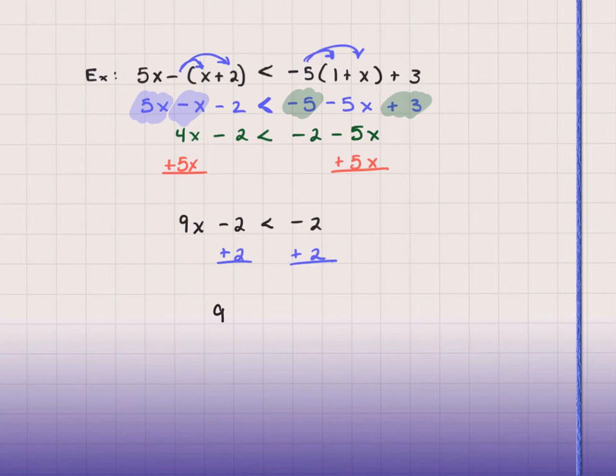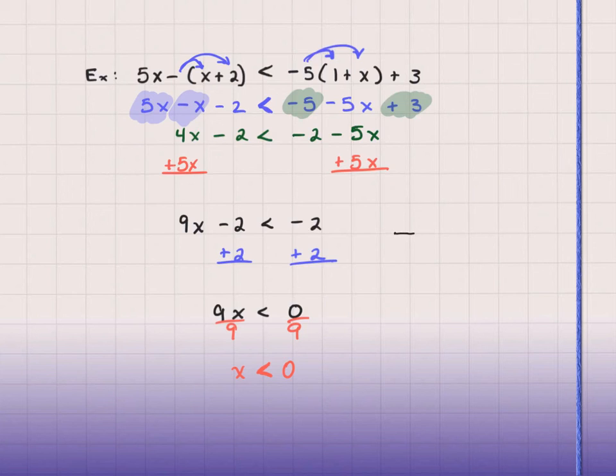And I get 9x is less than negative 2 plus 2 is 0. And lastly, I divide by 9. Divided by a positive, so I do not have to flip the inequality. 0 divided by 9 is 0, so my answer is x is less than 0.